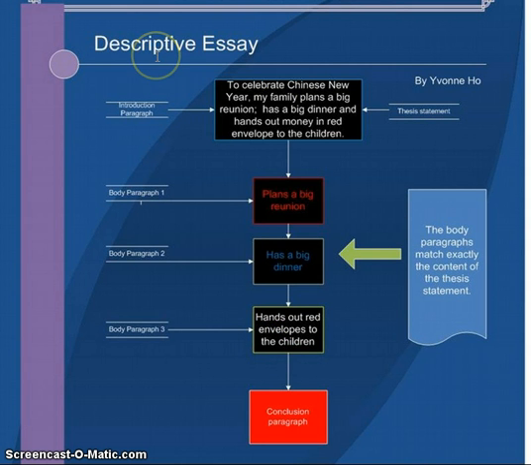So, a descriptive essay has 3 parts. Introduction paragraph, where you introduce the topic, then body paragraphs, where you tell the story, and then a conclusion paragraph, where you conclude and give closure to the topic. This is how you write a descriptive essay, by painting a picture of the event for the reader.